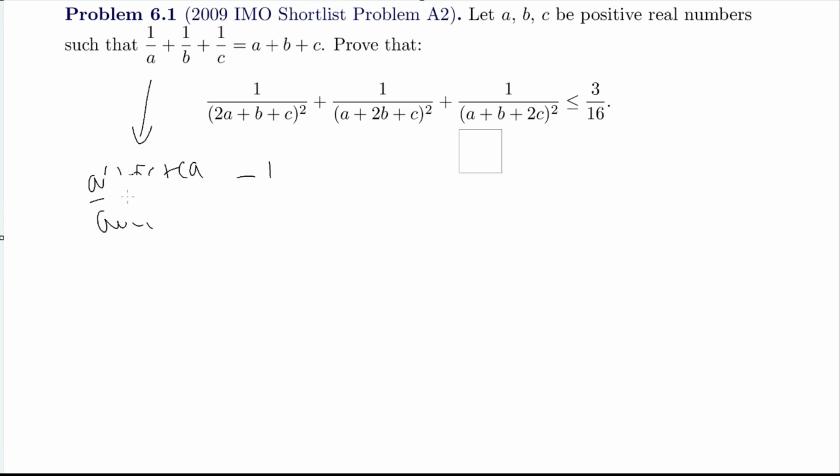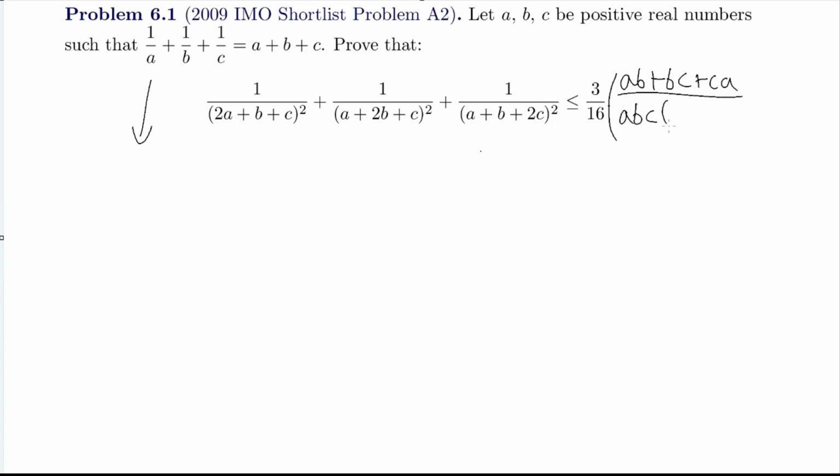And therefore, what we can do is multiply both sides by this to get ab plus bc plus ca over abc times a plus b plus c. And now this is basically equivalent to what we had originally, because this one here is degree -2, and this one is also degree -2.